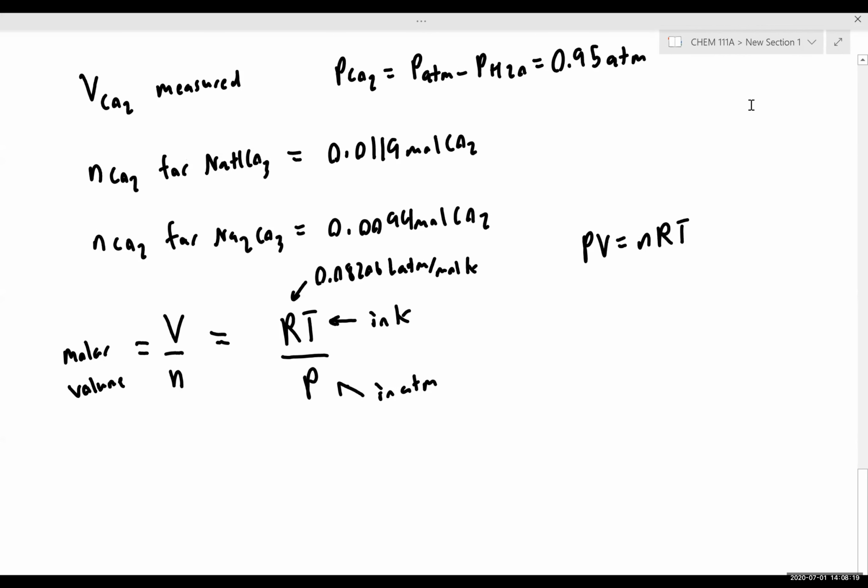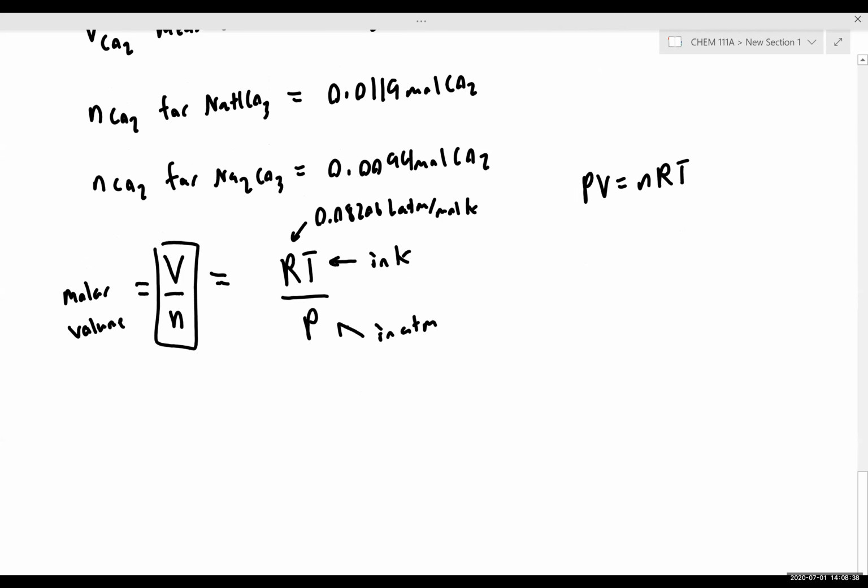Okay, so continuing on with the data that we have. Our expression for the molar volume is the volume over the moles, and it should be equal to RT over P. Okay? So one key feature when we perform this experiment is we are not at STP.